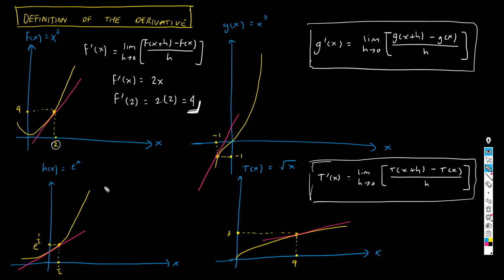When I write the formula, I'm going to write this equals the limit as h goes to 0 of h of x plus h minus h of x over h.